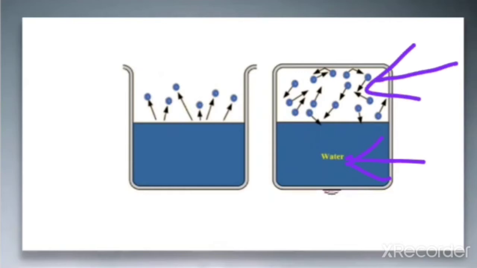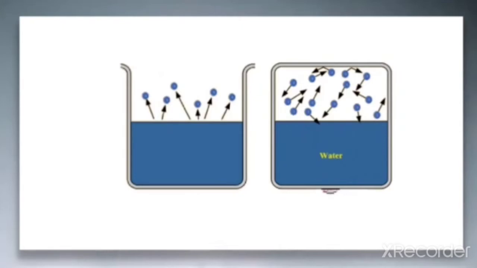As vaporization increases, the number of vapor molecules starts to increase and the number of liquid molecules starts to decrease. That is, by increasing the temperature, we can see that the quantity of water decreases, but the number of molecules in the gaseous, that is vapor, state increases. So the level of liquid decreases and the number of molecules in the vapor zone increases.